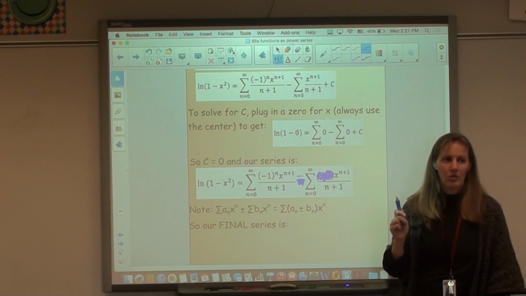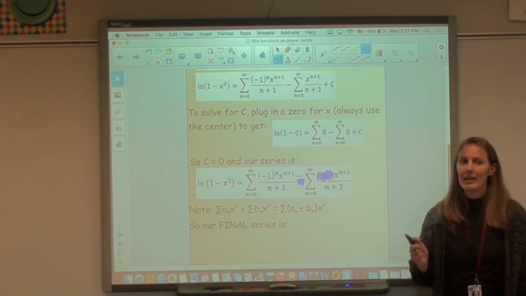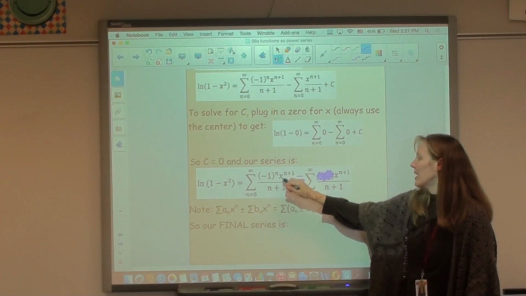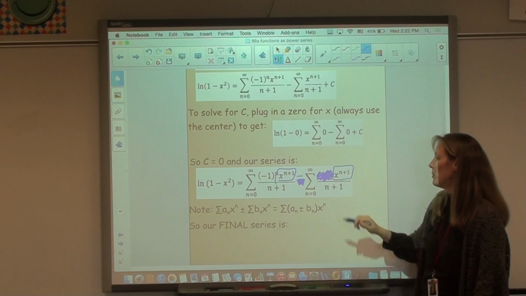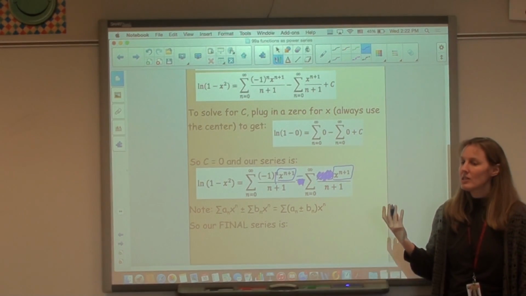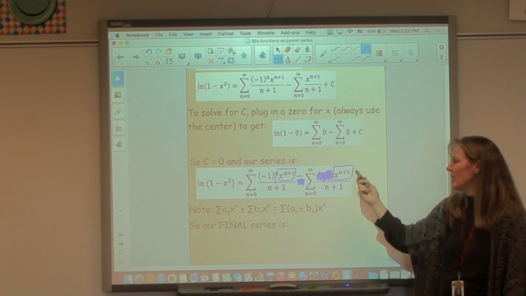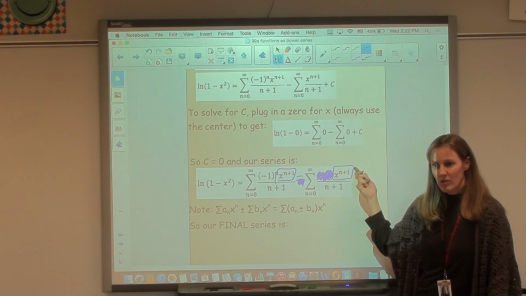Now, there's a couple gotchas with this. Number one, they have to be like terms, which means your x has to be to the same power on both of them. If the x isn't to the same power, then you have to adjust your n in order to adjust your exponent.